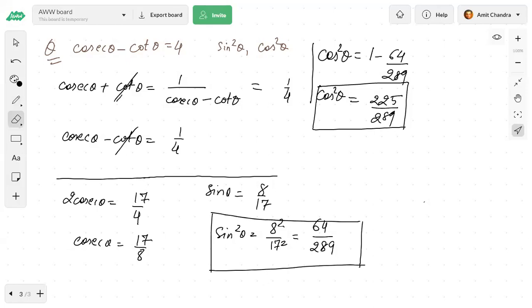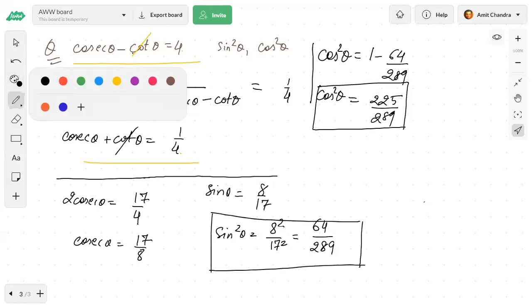If I add this equation and this equation, this is 4 plus 1 by 4, and this cot theta will get cancelled with this. So this is plus, yes. So this is 4 plus 1 by 4.